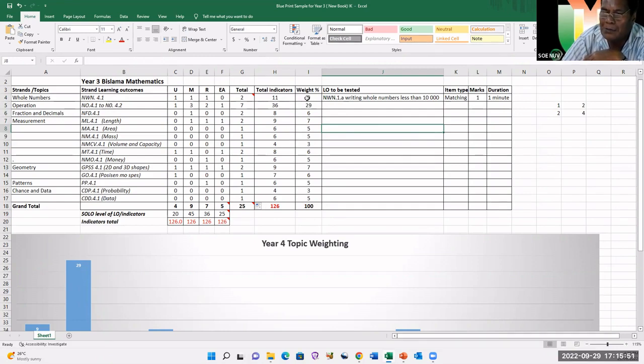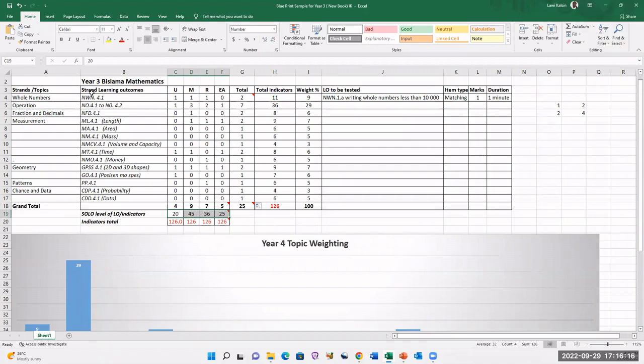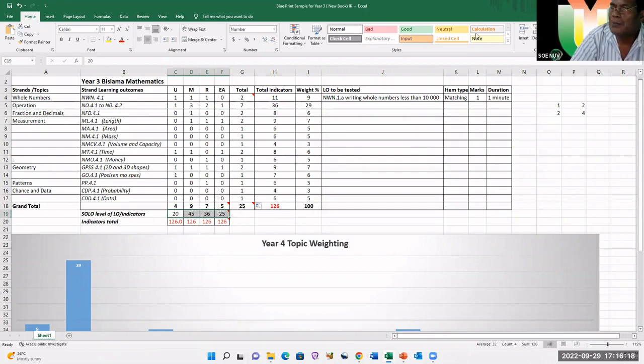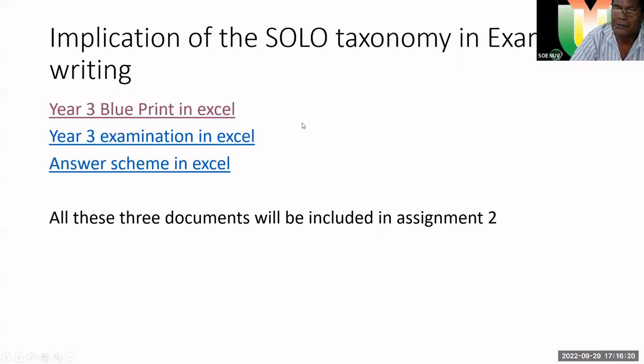As long as you fill in the main numbers like indicators and the number of items to be tested, and you fill in this part, the computer will fill up the rest. It has formulated them. Okay, now let's go back to our presentation.